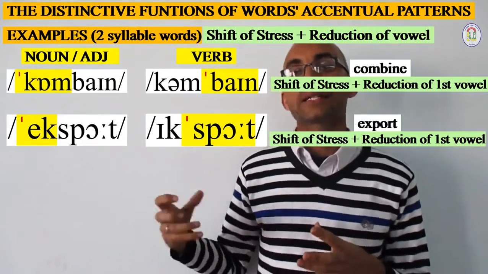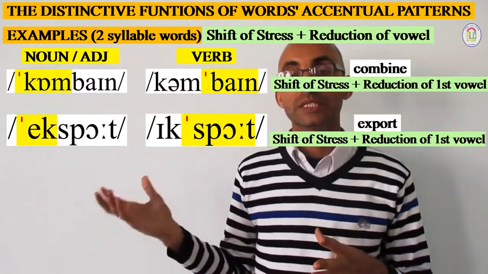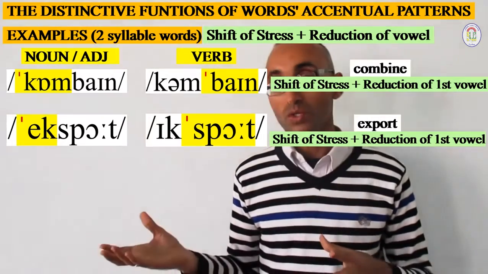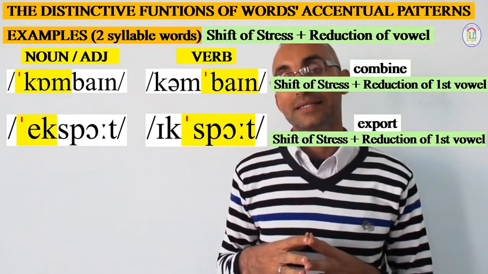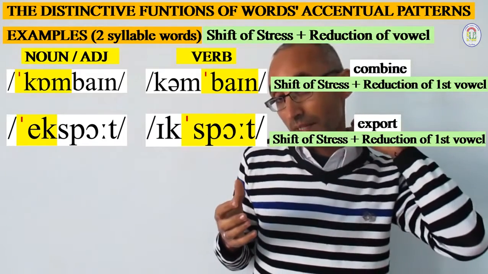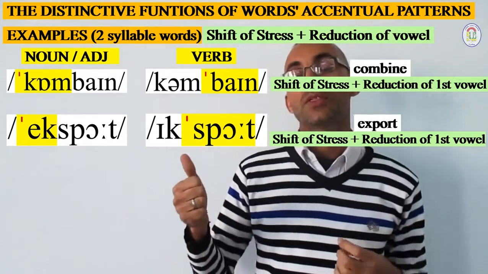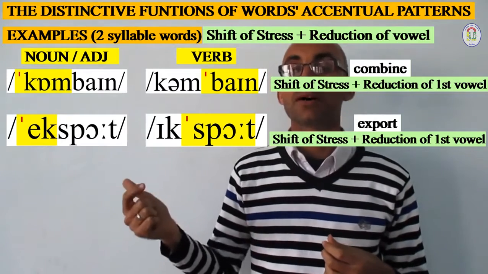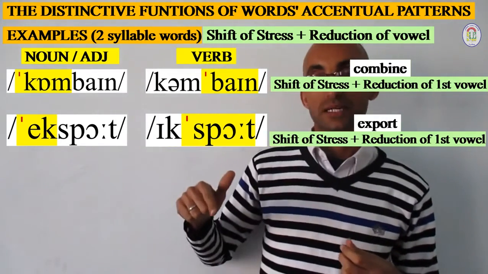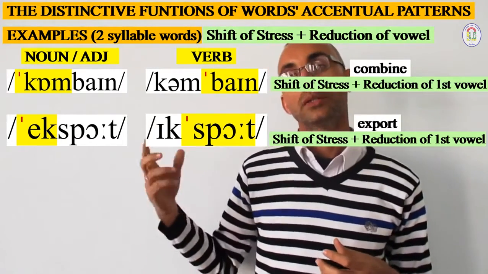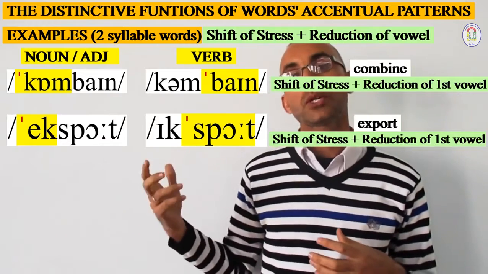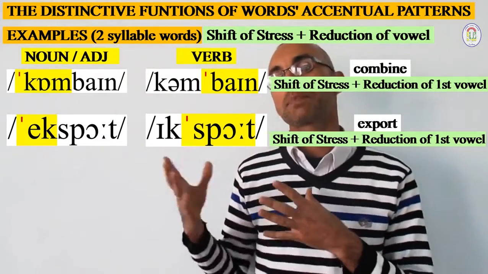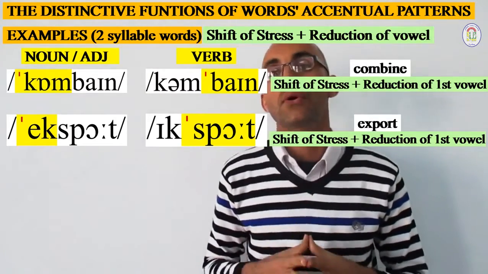It is the verb export. Clear? Export. So here, as you see, the accentual pattern of the word export, which is brought about or caused by the change in the stress placement from first syllable to second, and also reduction of the first vowel a to e, helps us to distinguish between export as noun and export, stressed on second, as verb.